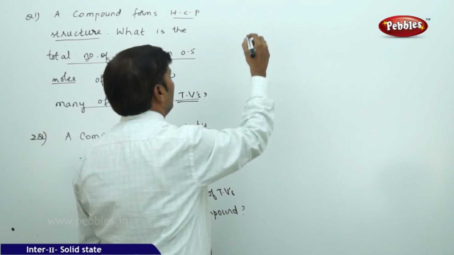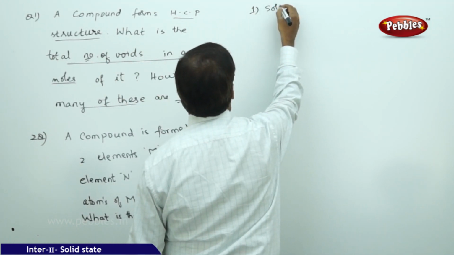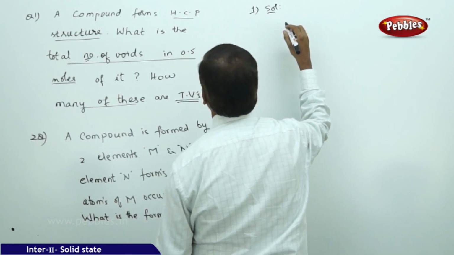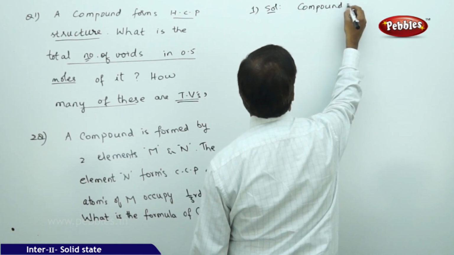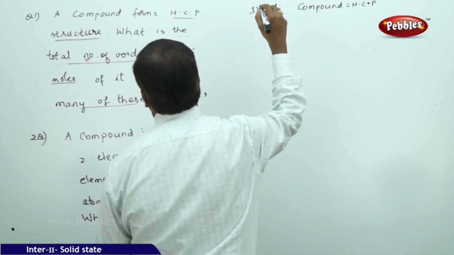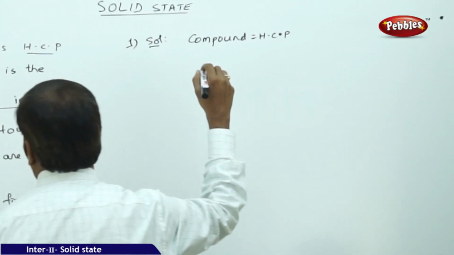So if you go to the first solution, the compound is HCP, and he is asking what is the total number of voids in 0.5 moles of it.